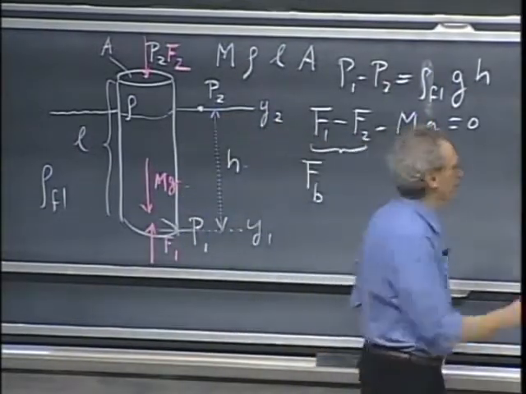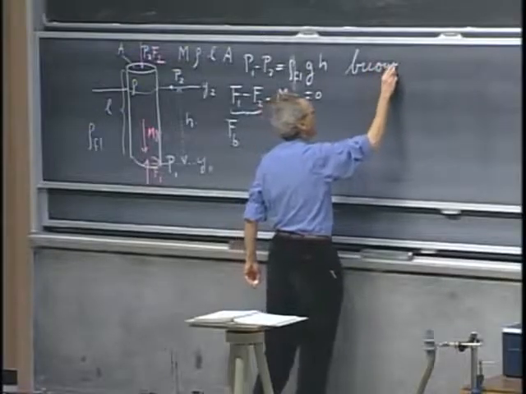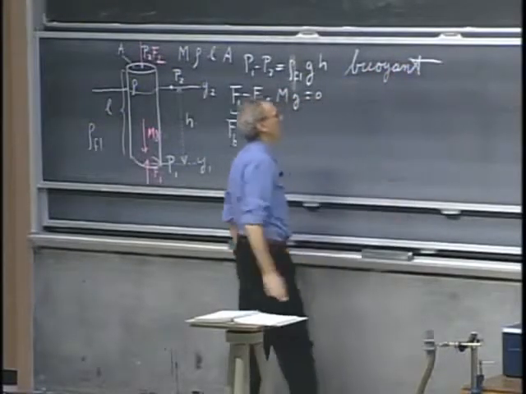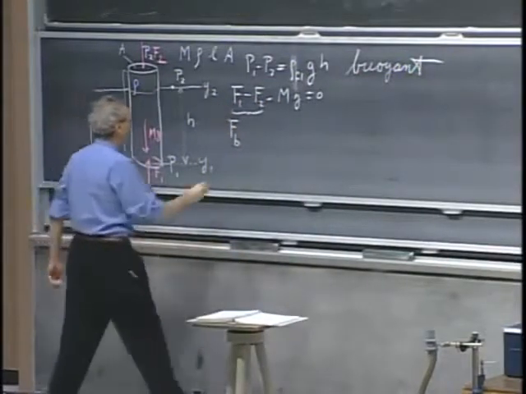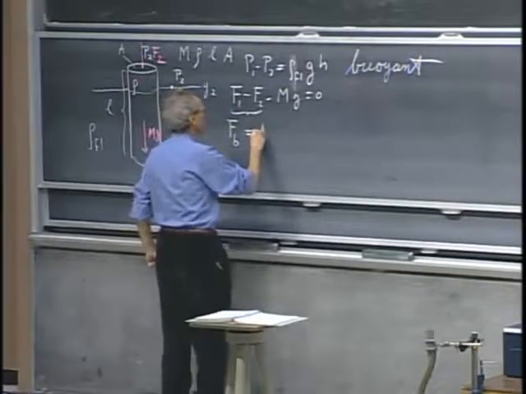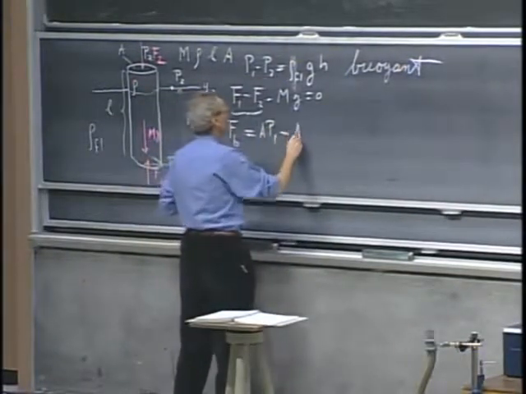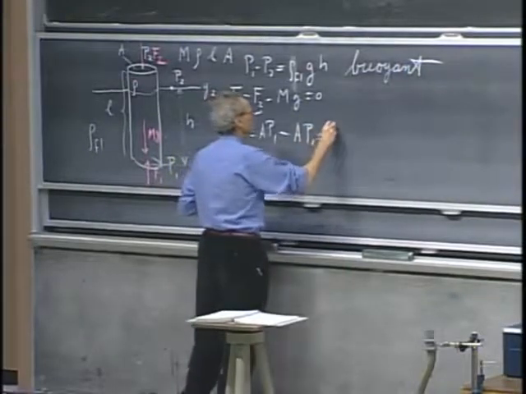And buoyant is spelled in a very strange way, B-U-O-Y-A-N-T. Always have to think about that. It's the buoyant force. F1 equals the area times P1, and F2 is the area times P2.